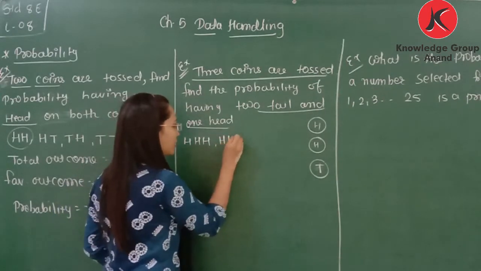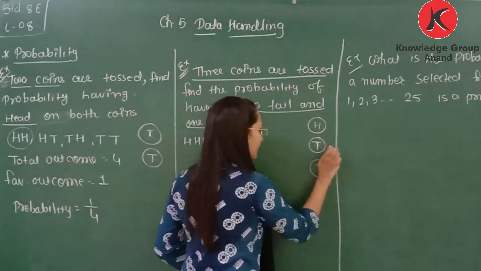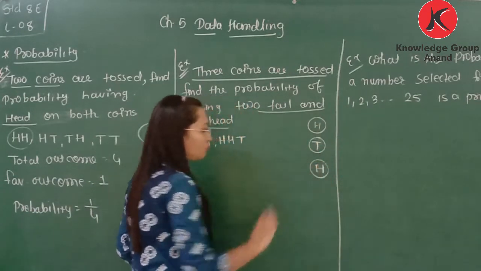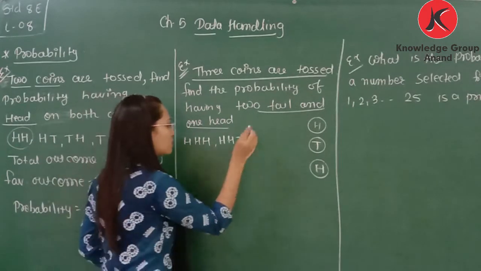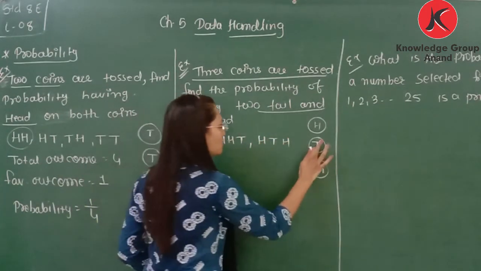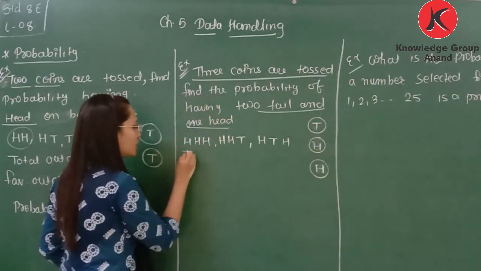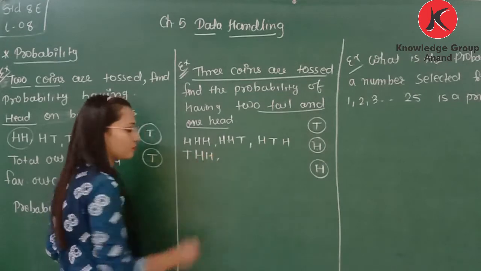It is also possible that we have tail on the second coin, head on the third coin. Now it is also possible that we have head on this one and tail on the first one, so that is tail, head and head.